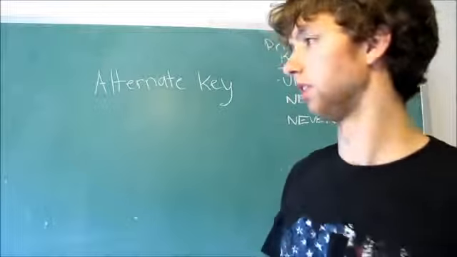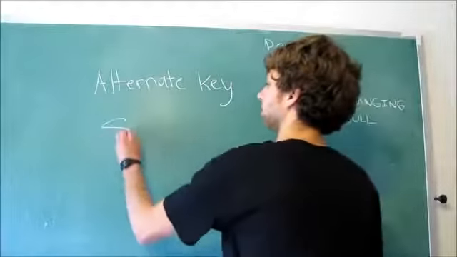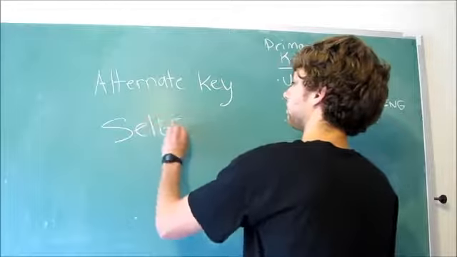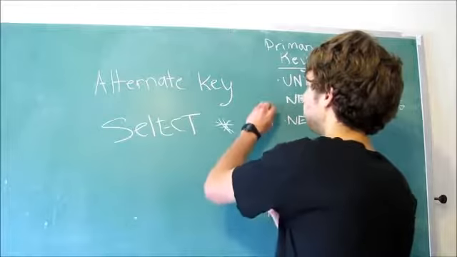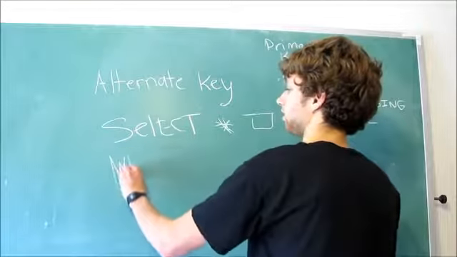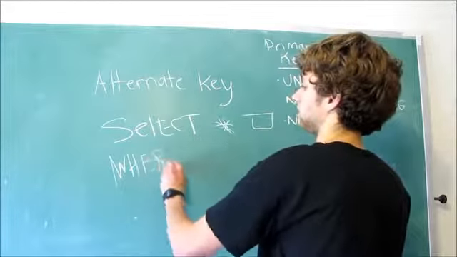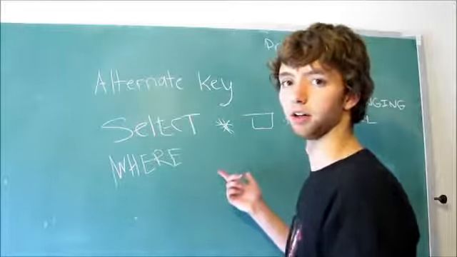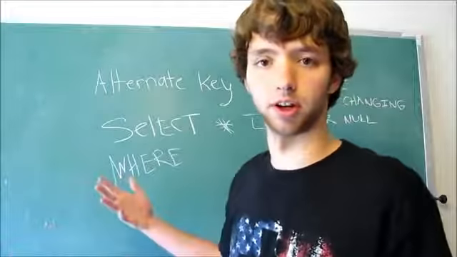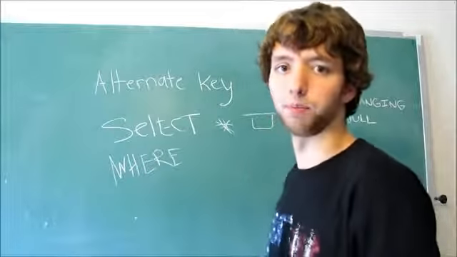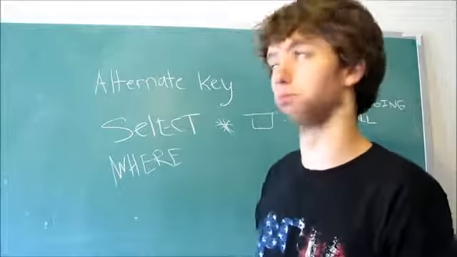Maybe, possibly. Basically, you can do a select, and then you can choose the columns you want to choose, and then the table, and then you can say where, and then you could say email has the value legit at awesome.com. Because you have an index on that, it's going to work better.